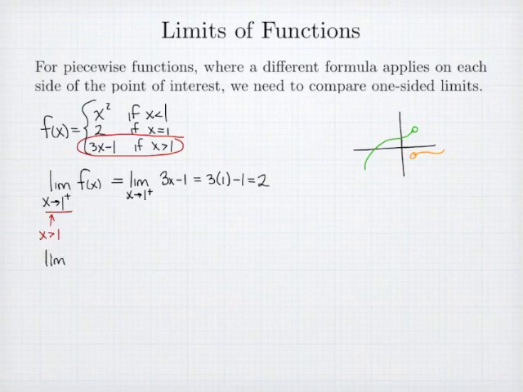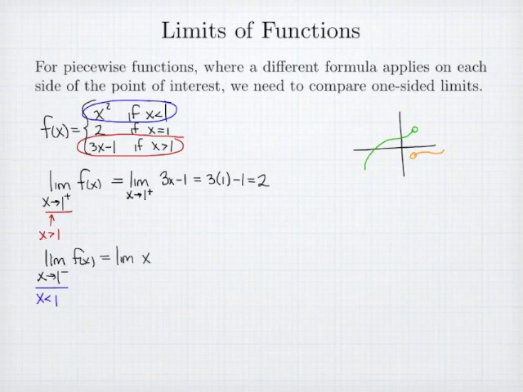If I'm looking at the limit of my function from the left, this means that x is less than 1. My function gets replaced by x squared. By the way, this minus sign on the 1 does not mean negative, it simply means left side.